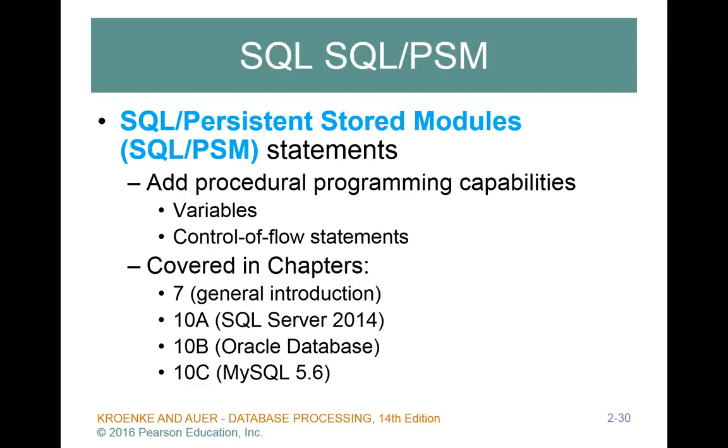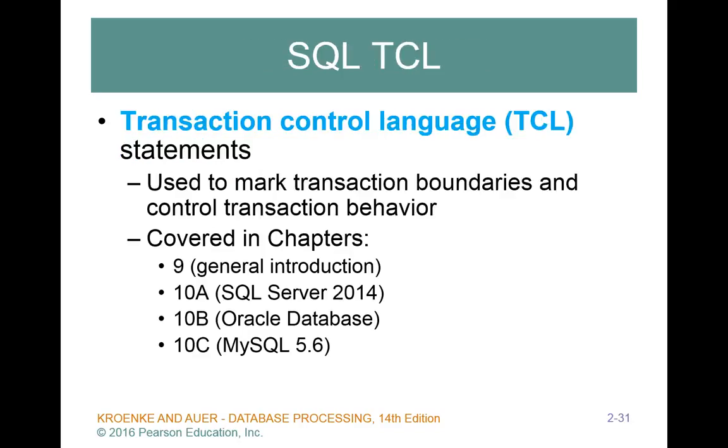Procedural programming type statement capabilities help us if we wanted to add variables or use control flow statements, where we would move maybe the cursor around and read different lines of code within our SQL statements. Transaction control language, we won't cover this in this class, but at least you need to know what it is. This is used to mark transaction boundaries and control transaction behavior. Chapters 9 and 10 also.